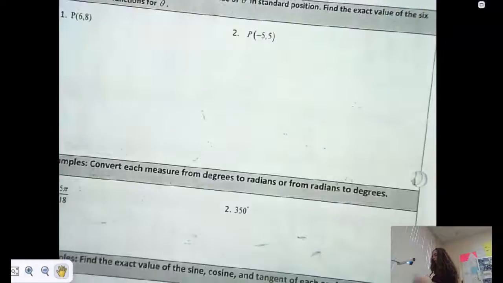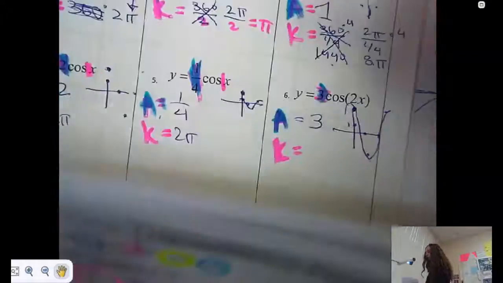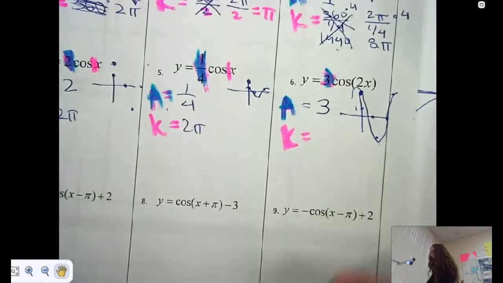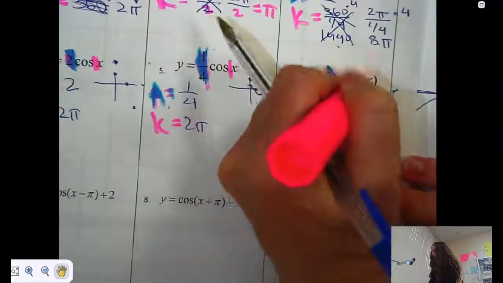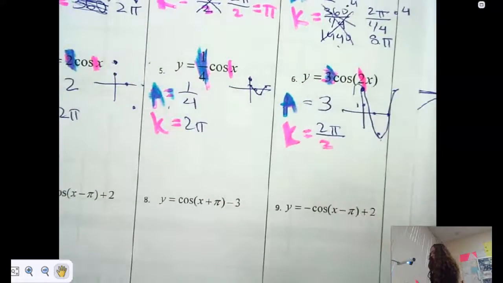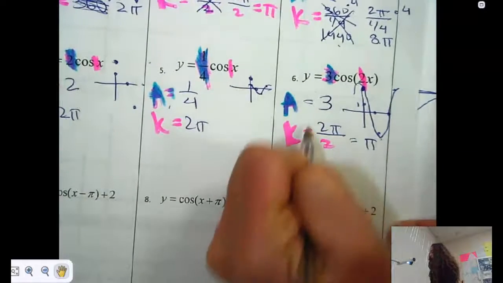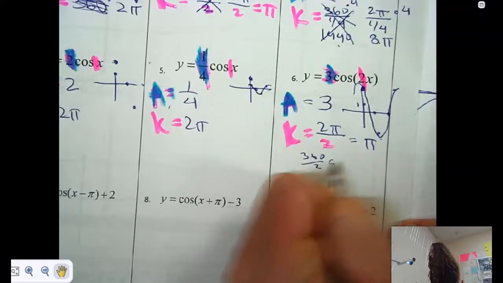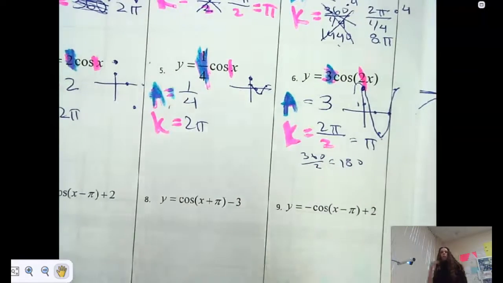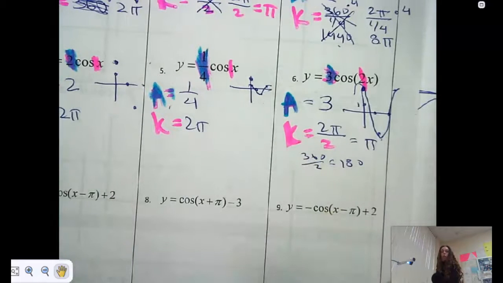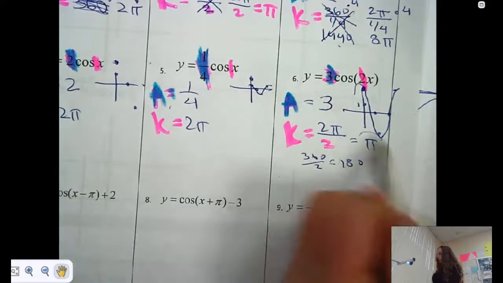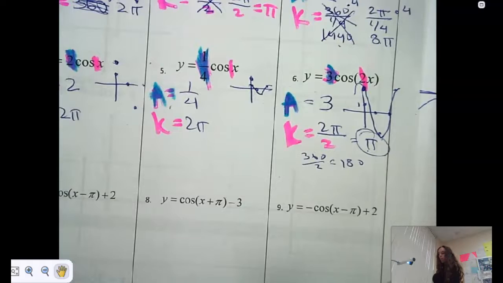Okay? Oops, I got lost here. Darn it, sorry. Okay, so now the period is 2 pi over 2, which is just pi, or 360 over 2, which is 180. Now, I don't know about you, but I actually do better in degree mode, so I like to show you degree mode, but I want you to see that this is the answer in radian mode.